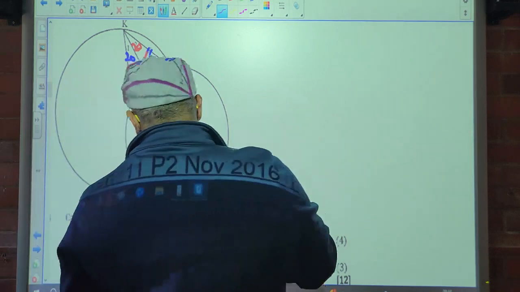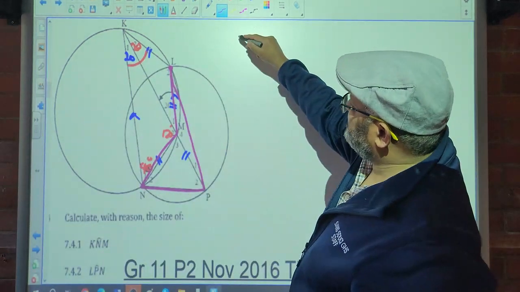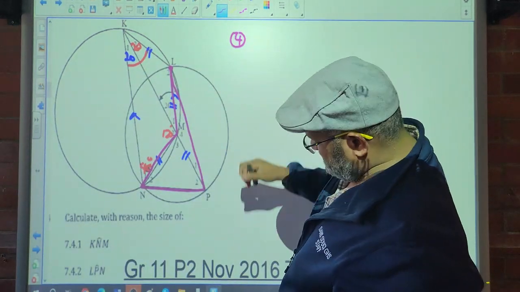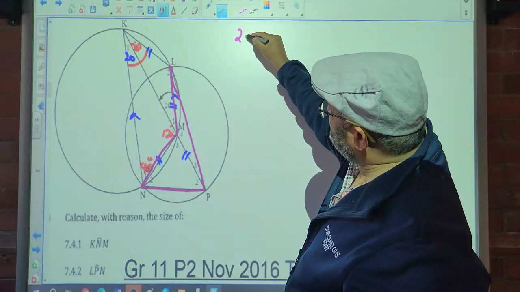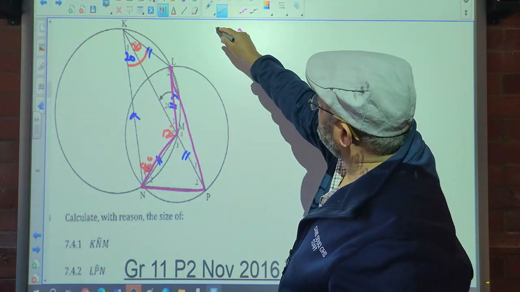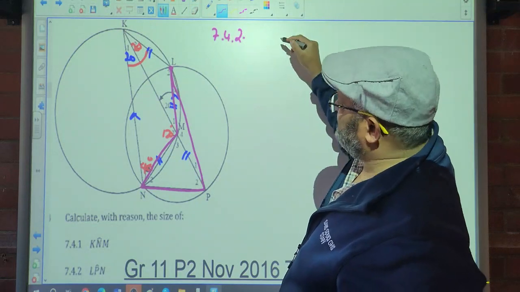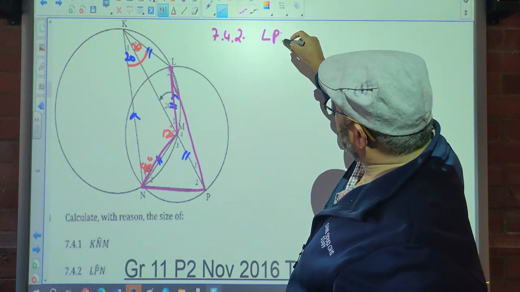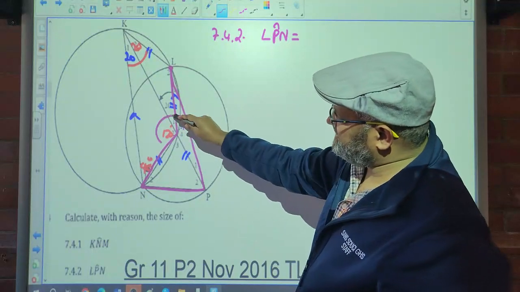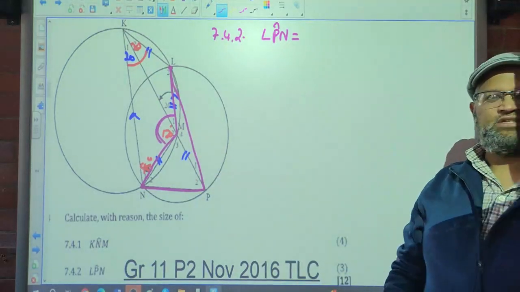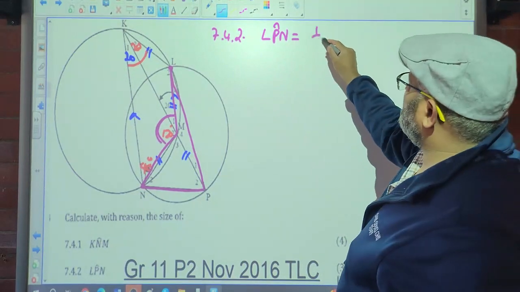So in other words, LPN, this angle here is 140, so it's going to be half of 140.